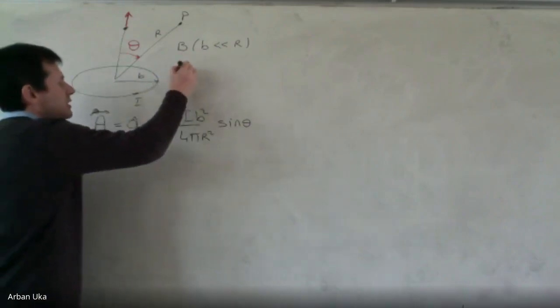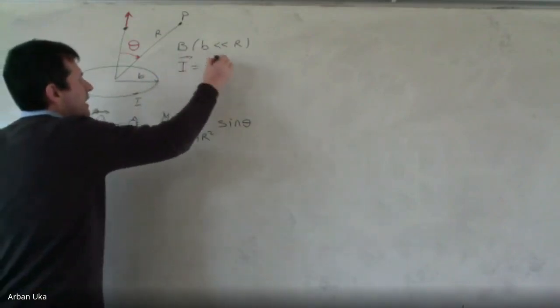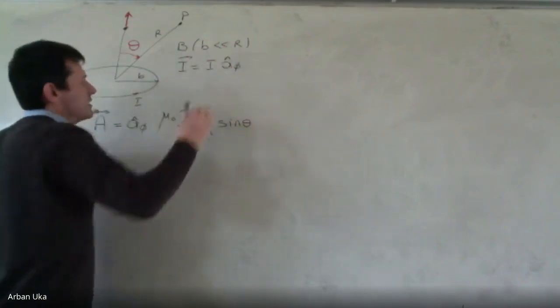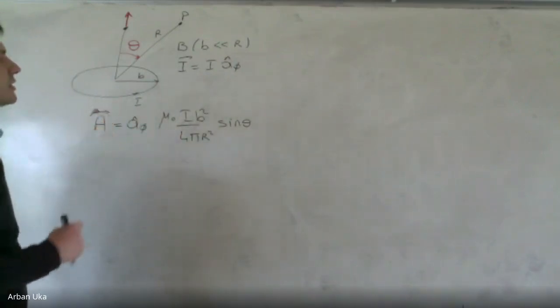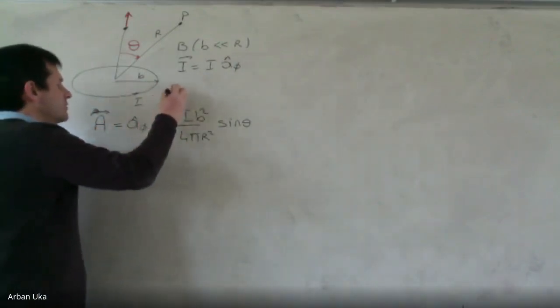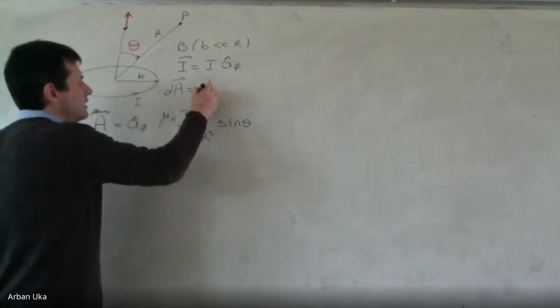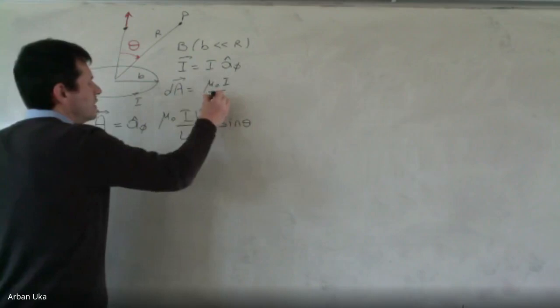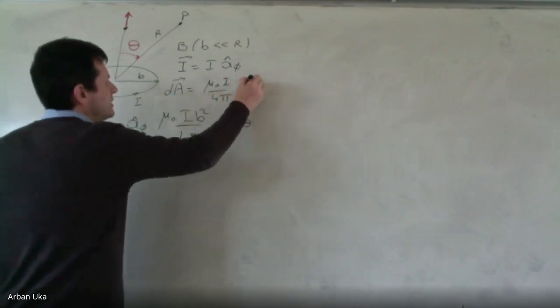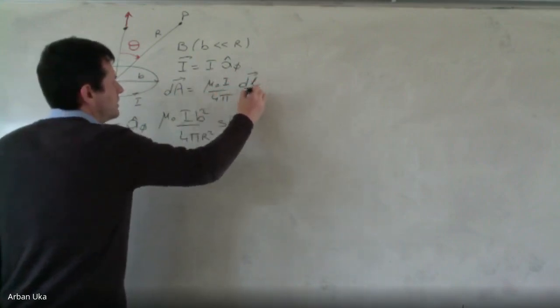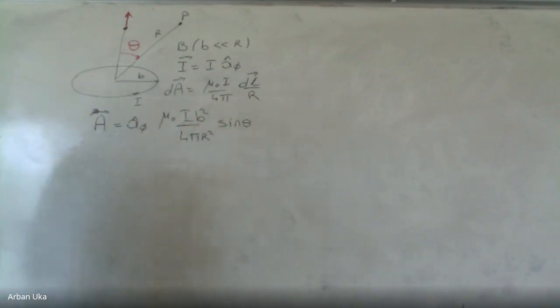So if the current can be written as I times a phi, this shows that we have a circular current. Then A should be the same, because we know that dA as a vector is equal to mu 0 I over 4 pi dl over R, where dl is a current element.